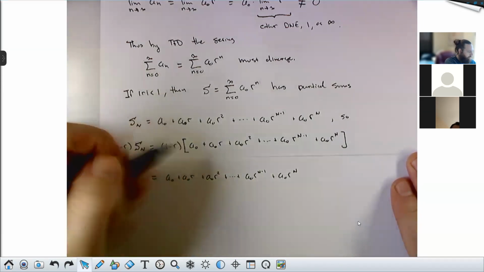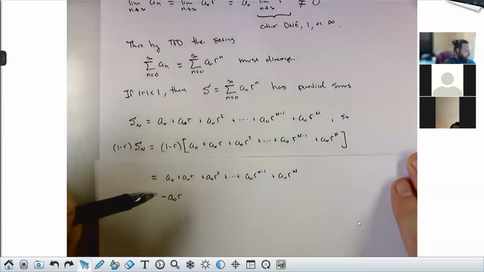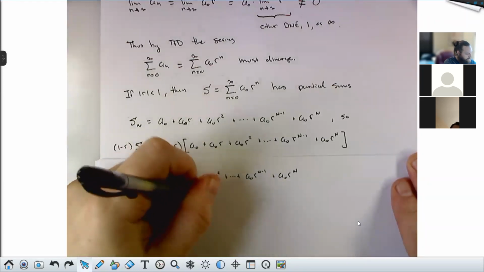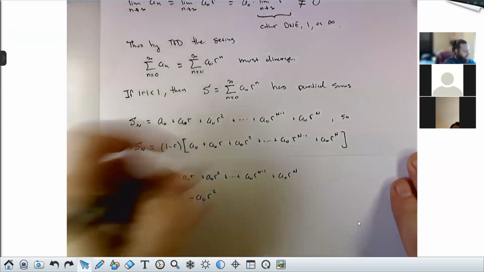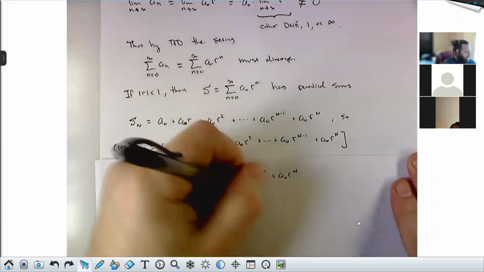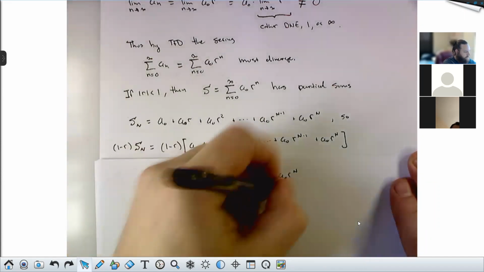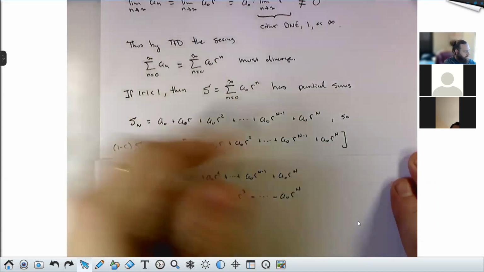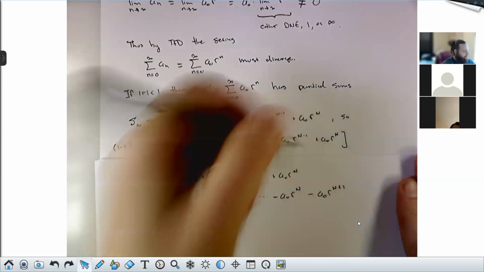So negative r times a0 is minus a0r. a0r times negative r is minus a0r squared. Negative r times a0r squared is minus a0r cubed. All the terms would be negative, so I'll write minus dot dot dot. Negative r times a0r to the n minus 1 is minus a0r to the n. And negative r times a0r to the n is minus a0r to the n plus 1.